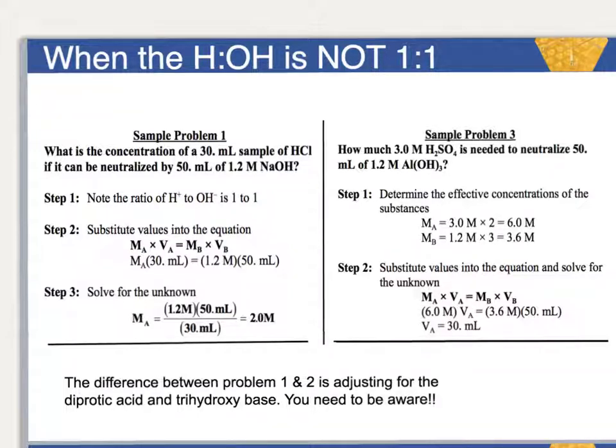In the example that they use in the textbook, they take the molarity of the acid and multiply it by 2 because there are 2 H's, which you can see right there. Then they take the molarity of the base and multiply it by 3 because there's 3 OH's. They then use those molarities in the actual formula.